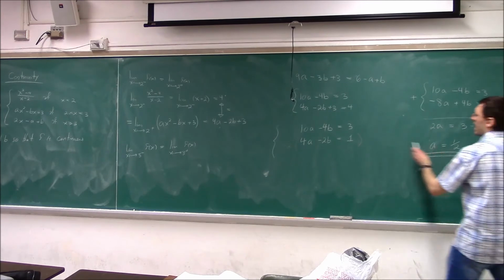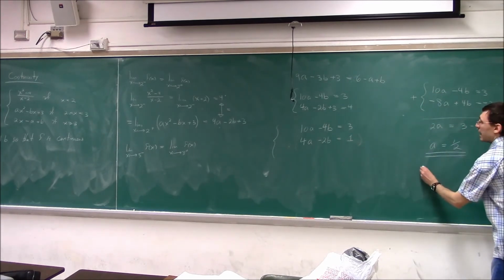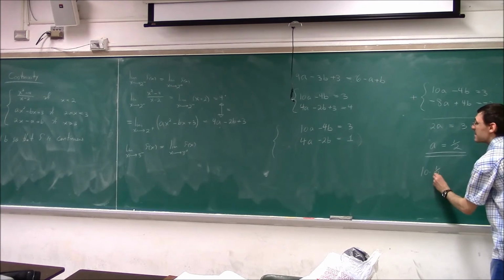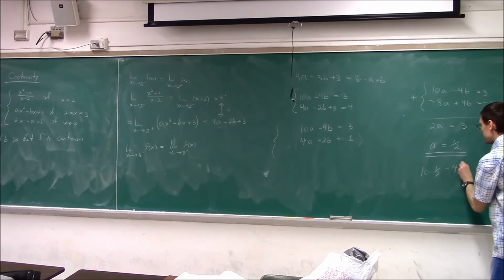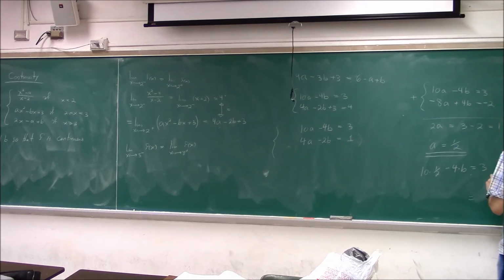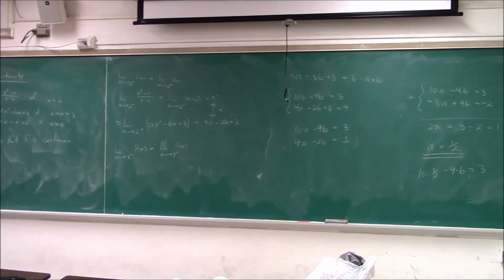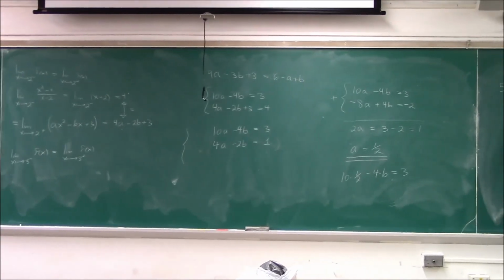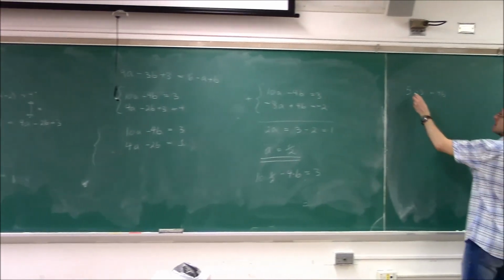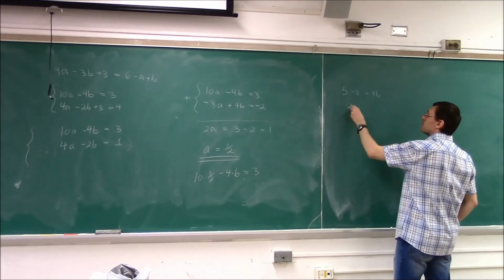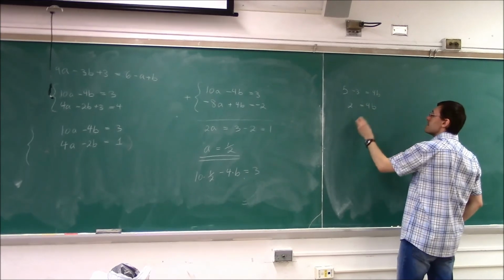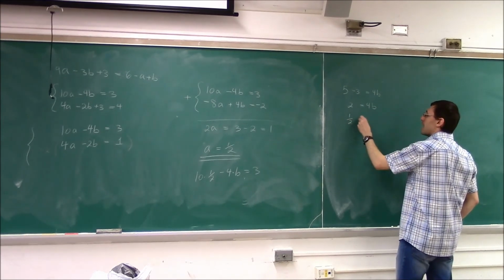Simply plug 1/2 into one of the equations, and then we have, let's say, 10 times 1/2 minus 4 times b equal to 3. Rearranging, we have 5, move this 3 across, so 5 minus 3 is equal to 4b. 5 minus 3 is 2, so we have 2 equal to 4b. Finally, we have 1/2 equal to b.